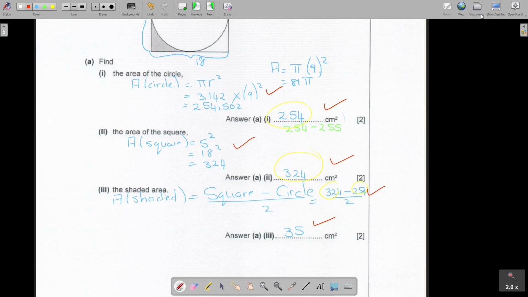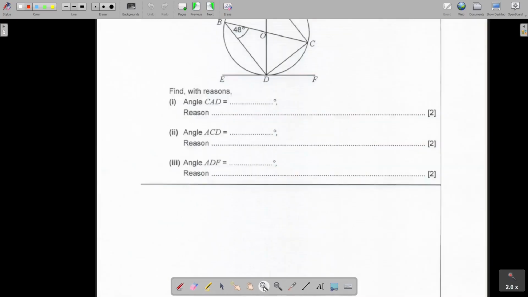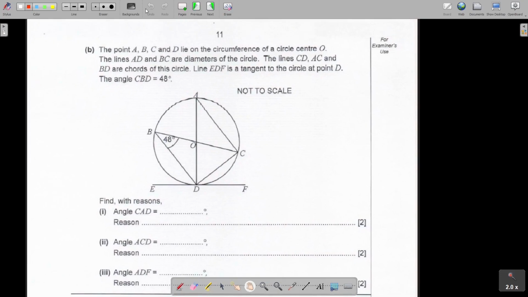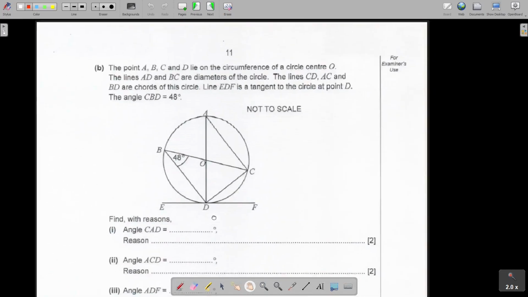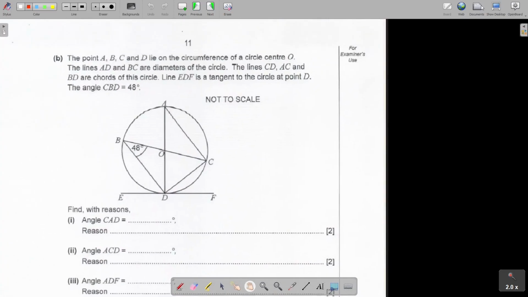Okay, let's do the B part, which is on the other page. Oh, and I see it's circle angles, chapter 8, in the mathematics textbook, part 1, last chapter. Let me take you now to the chapter. But before that, if I see circles and I see angles, I love it that you know all of them. Before you start filling in anything, and it's actually very, very easy once you know them, I just want to take you to the textbook.